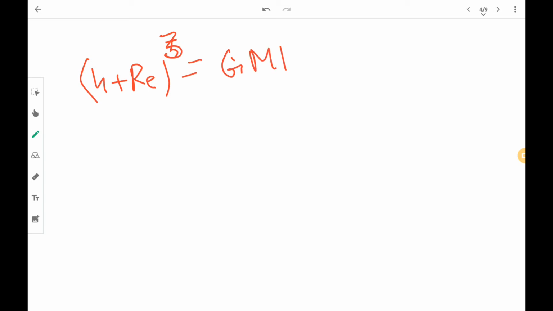If you solve for r, or for h plus Re, you'll get r cubed is equal to G M T squared over 4 pi squared.